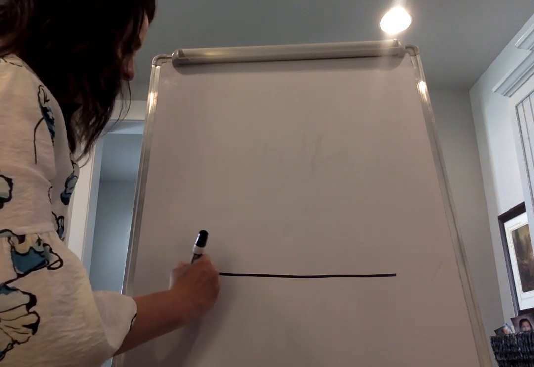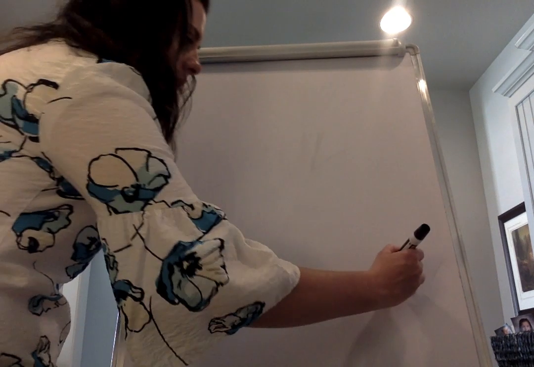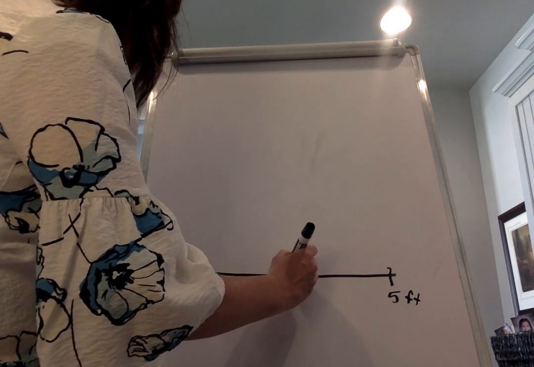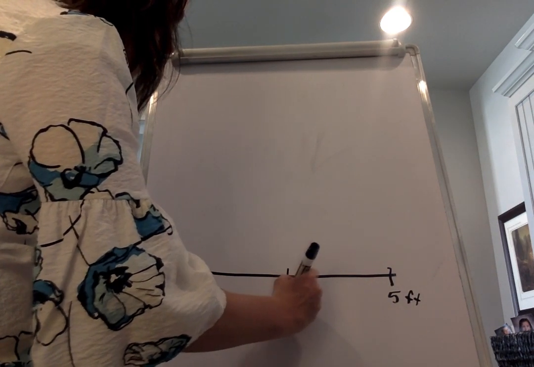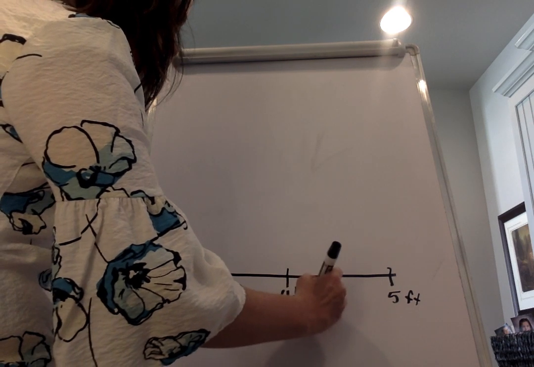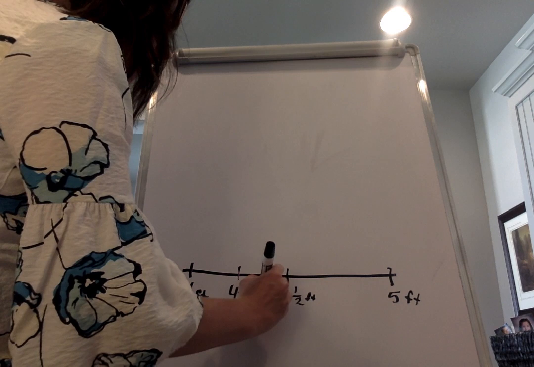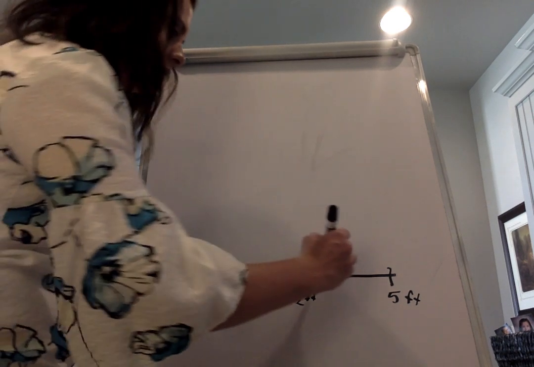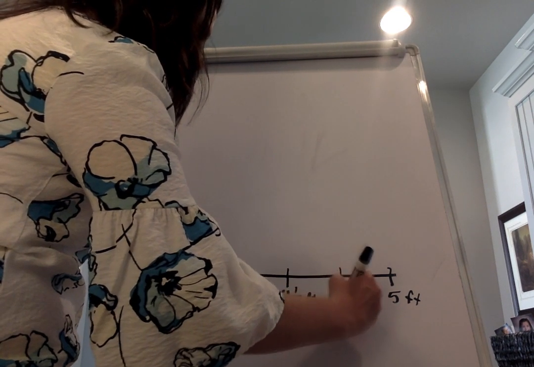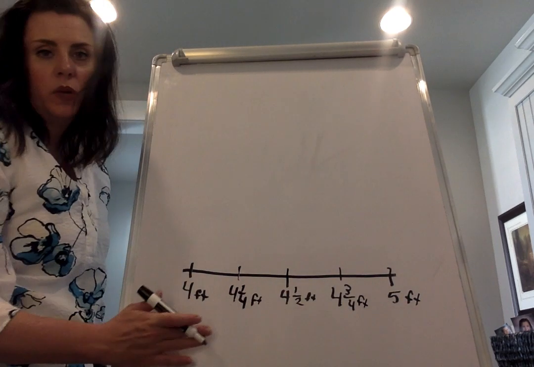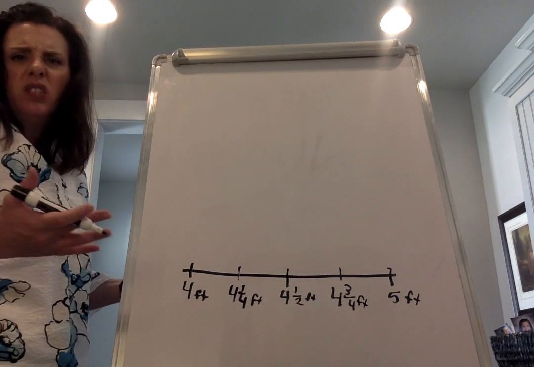So here's 4 feet, and here's 5 feet, and so this would be 4.5 feet. This would be 4.25 feet. Hope you can read my writing here today. And this would be 4.75 feet.